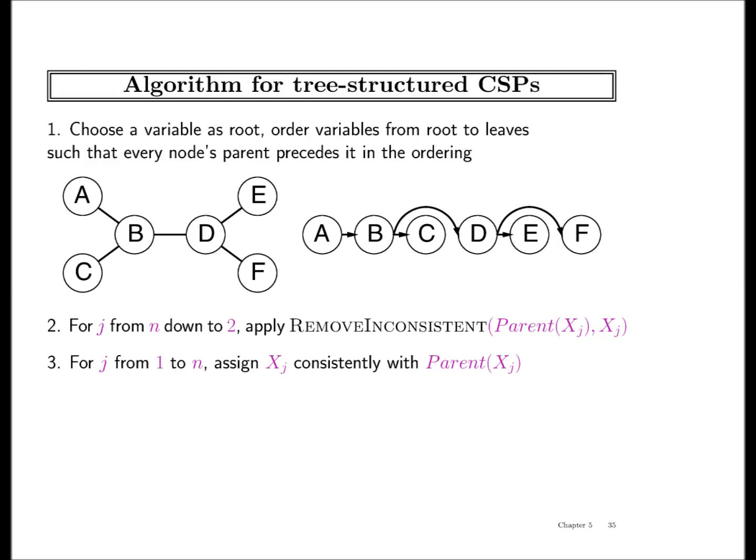Okay? Once I have removed the values from the parents, then I'm going to start from this node and assign any value from the remaining set. Why is that okay? Because I've already done arc consistency. So when I know that I'm assigning this value of A, I know that I have some value of B that I can assign.